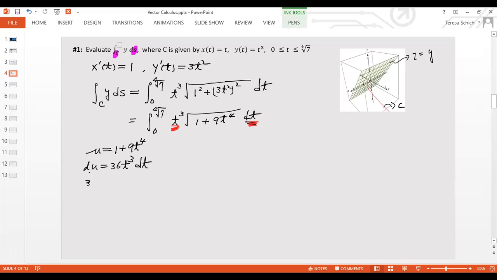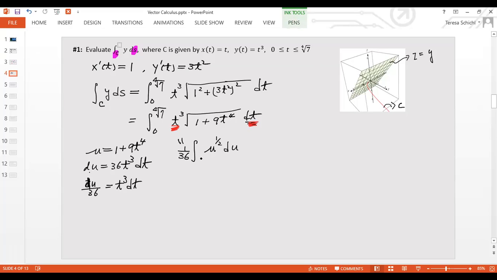So I have du divided by 36 equal to t cubed dt here. Now I can integrate here, this will be u to the 1/2 du, and I have 1 over 36 here.